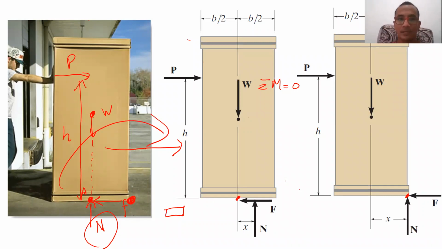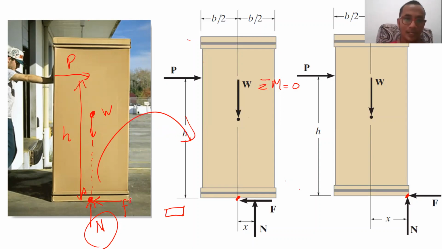I believe some of you have already experienced this when you push a wardrobe or a box or a chair or something like that. When you push to the right like that, suddenly instead of it sliding to the right, the thing rotates like this, and the center of rotation is at this particular point. Okay, we call that kind of thing tipping.